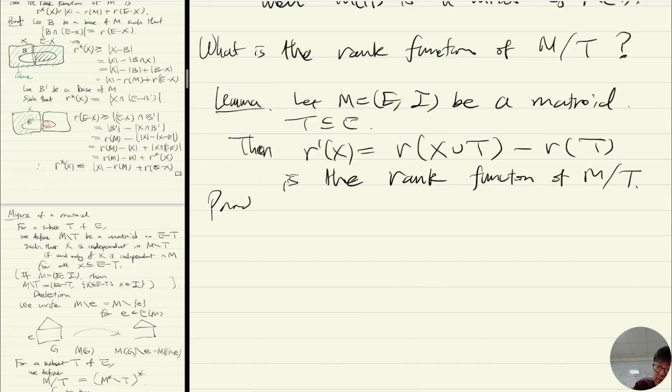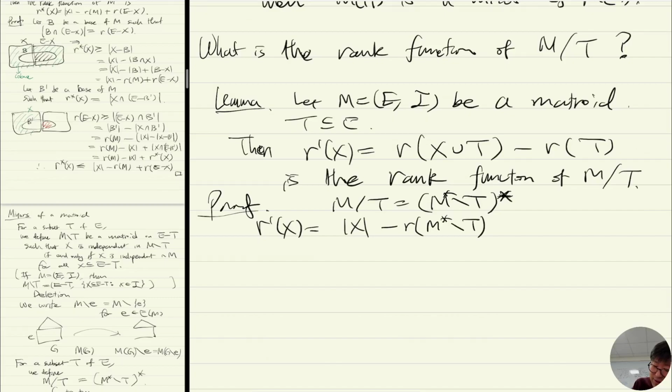So, proof. Why is this the case? Just remember that this is equal to M dual delete T dual. So r prime of X is equal to the size of X minus rank of M, plus the rank of the complement.